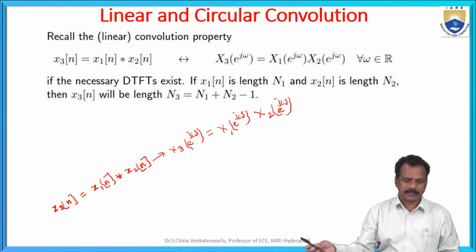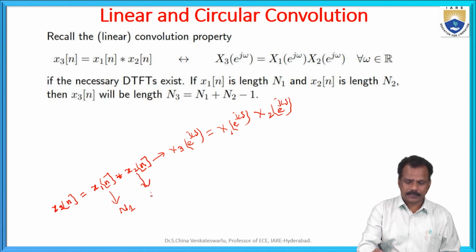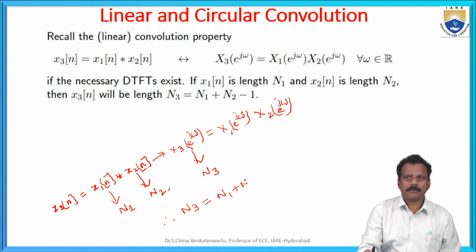If x1 of n has length n1 and x2 of n has length n2, then x3 of n has length n3, where n3 is equal to n1 plus n2 minus 1.